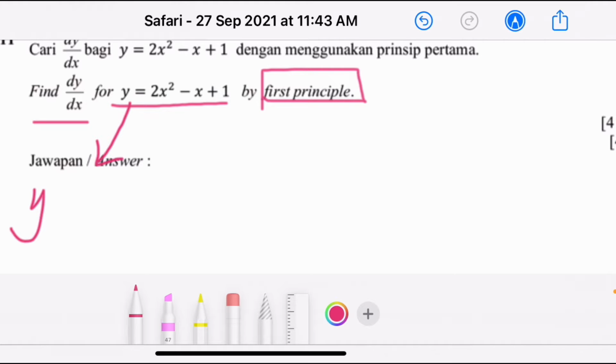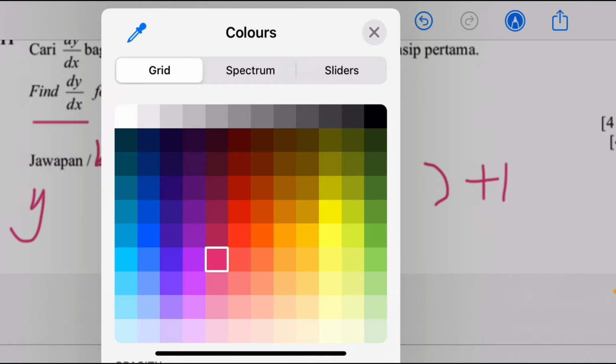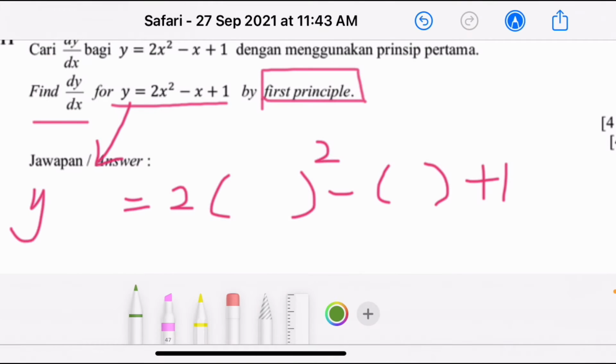You copy the whole thing first, and what you need to add is a small change of y, and then for the x also you add a small change of x. That is how you do the question using the first principle.